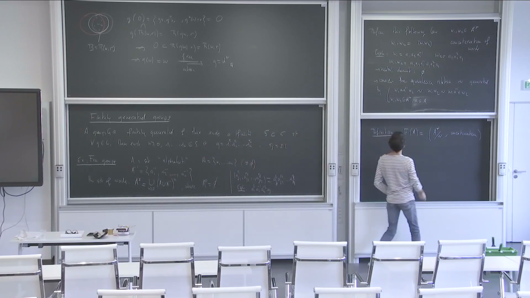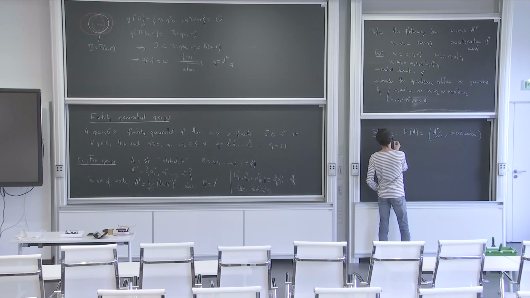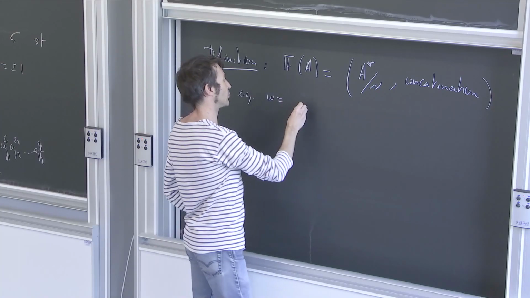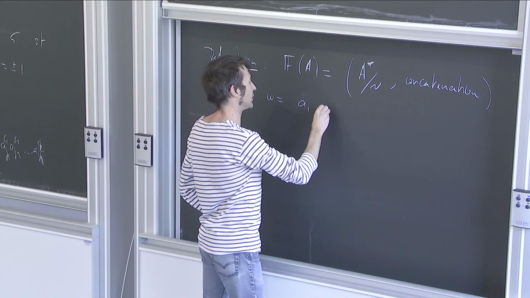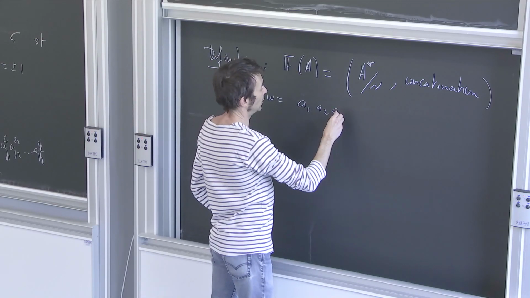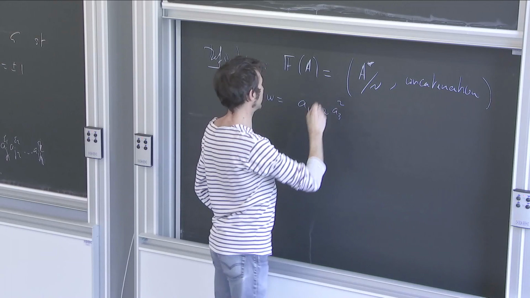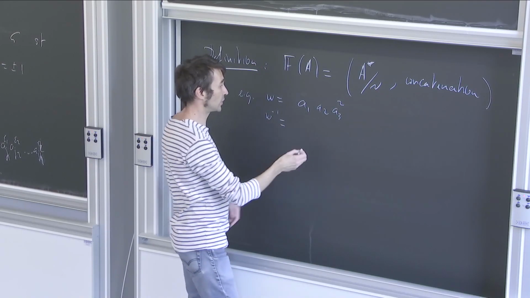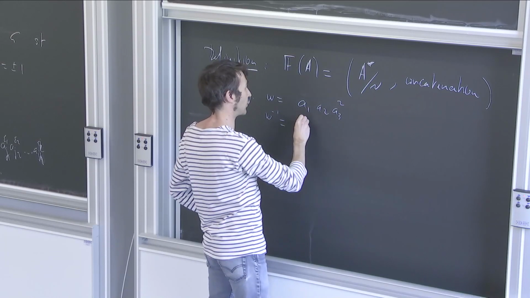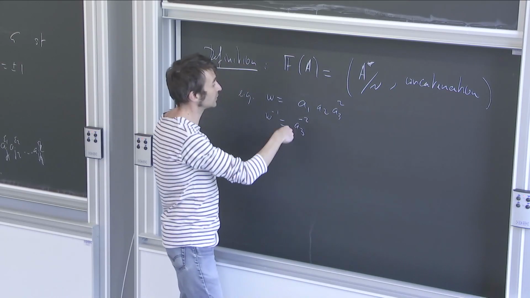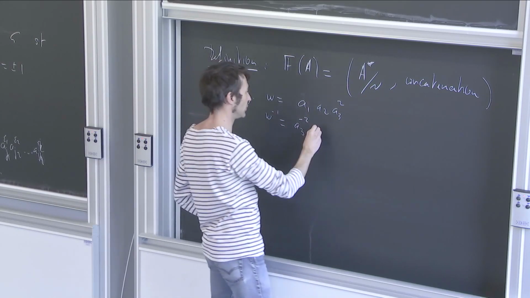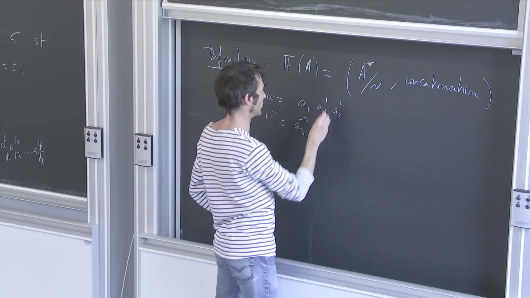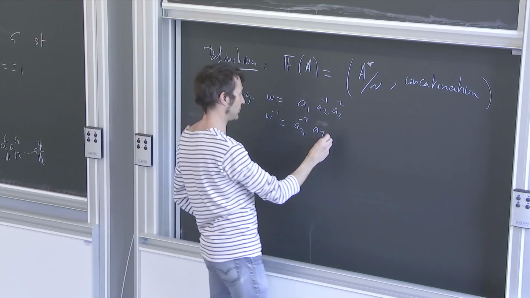And so, for instance, if you have a word W equal to A1, A2, A3 squared, then the inverse will be, you have to switch everything backwards: A3 to the power minus 2, A2 inverse, so maybe I should have put one inverse here so that this is positive.